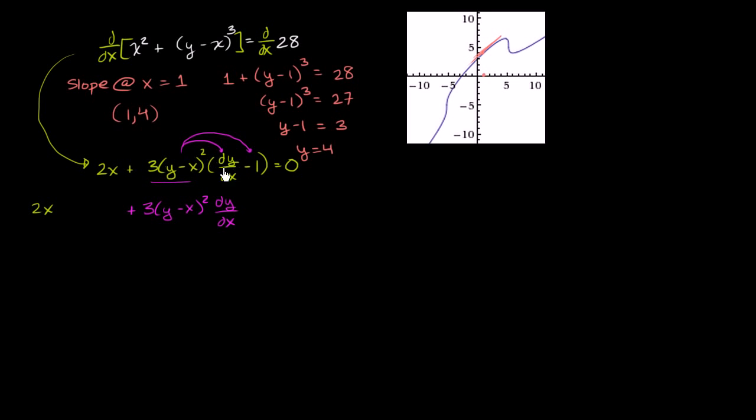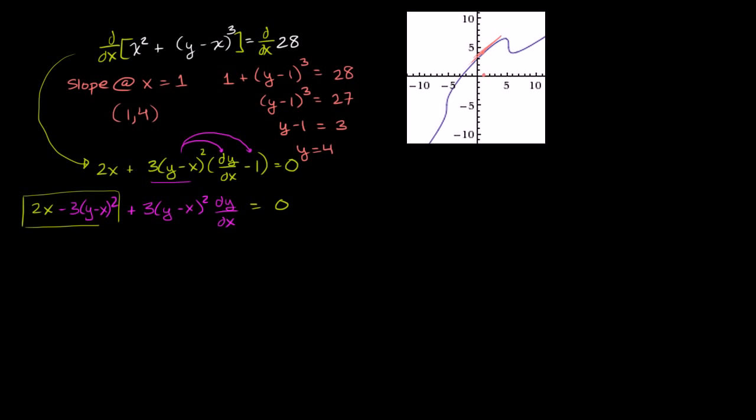And then when we multiply it times the negative 1, we get negative 3 times (y minus x), I want to be careful, (y minus x) squared. And then, of course, all of that is going to be equal to 0. Now all we have to do is take this and put it on the right-hand side. So we'll subtract it from both sides of this equation.